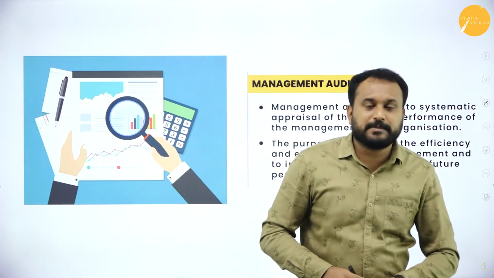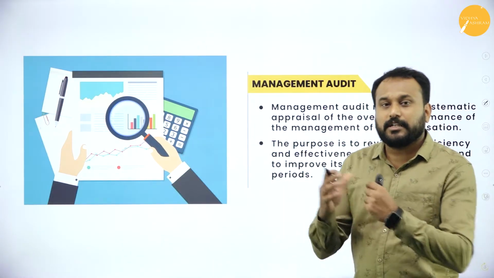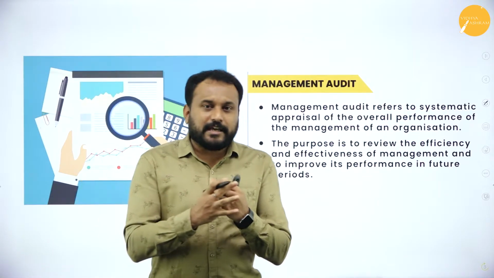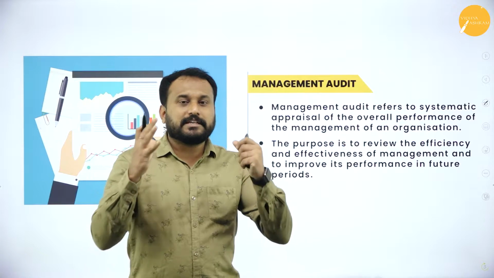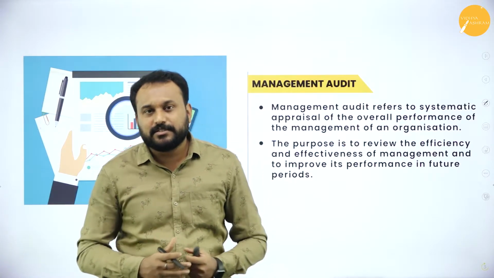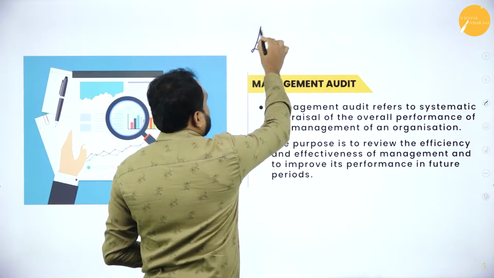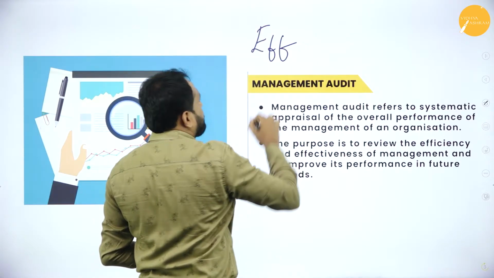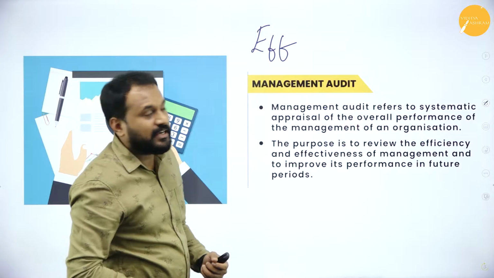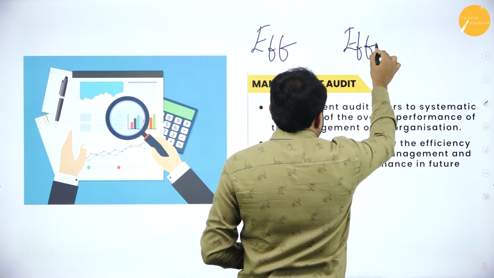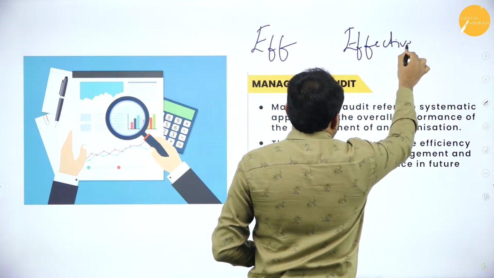What is this management audit? What are the uses of management audit? See here, whatever you do, your main intention is you need to get to know the efficiency, and whether it is effective or not.